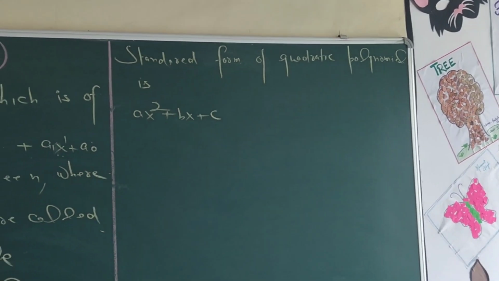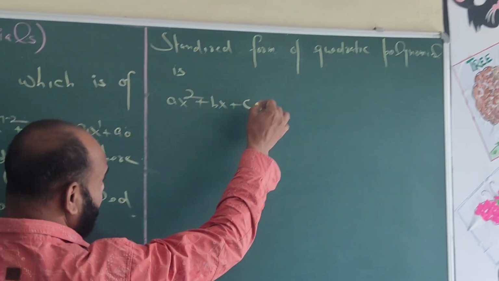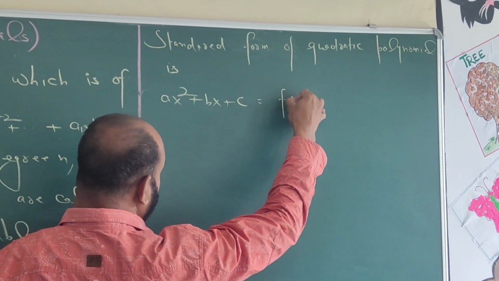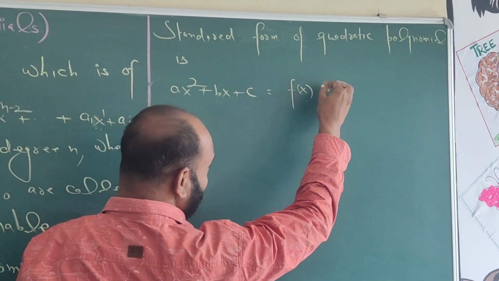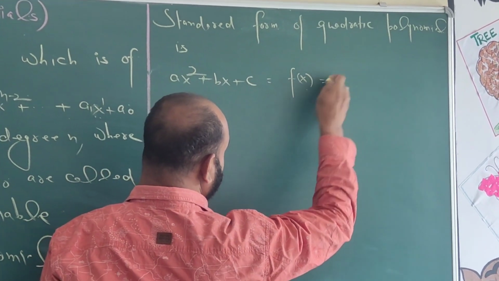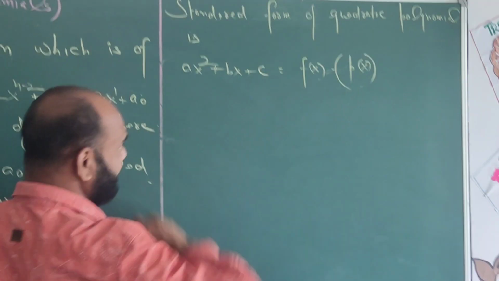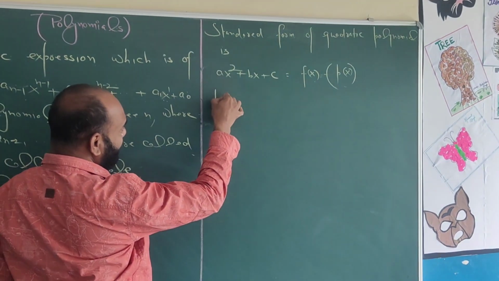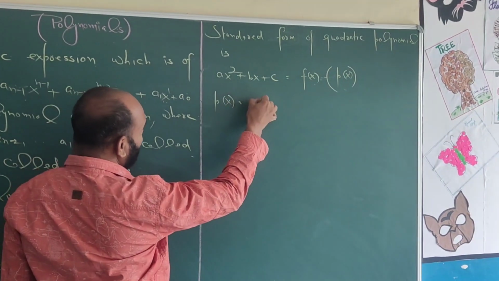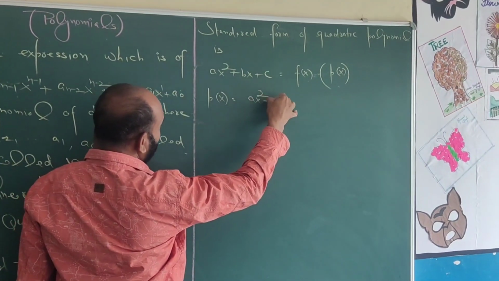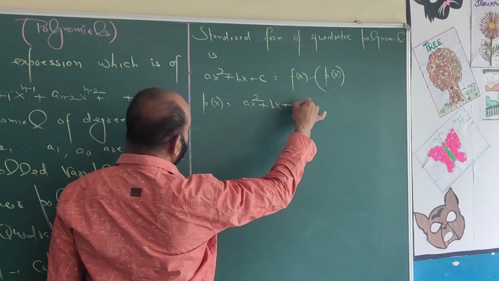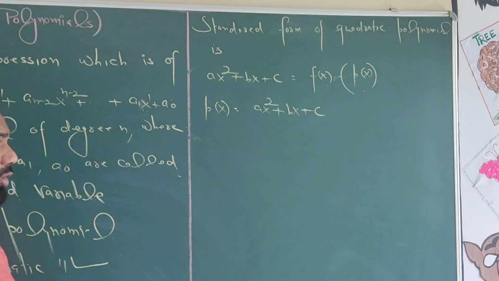This is the standard form of quadratic polynomial and it can be written in the form of fx. Fx means function of x, or it can be written in the form of px, the polynomial in variable x. So we can say that px is equal to ax square plus bx plus c, where px means polynomial in variable x.